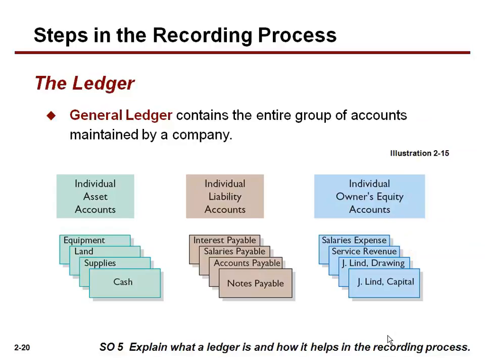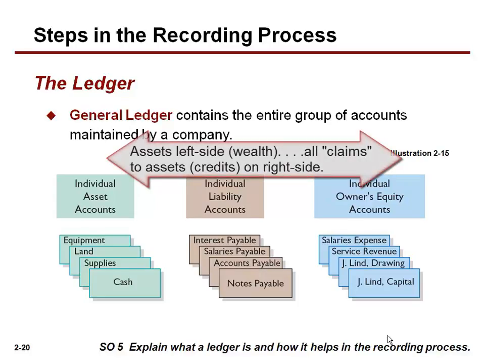Service revenue accounts increase with credits. Salary expense accounts, or any expense account, increase with debit, which has the effect of reducing owner's equity accounts. The owner's net worth is increased with credits. That overall credit balance we would like to see in the owner's equity account means there's a positive claim on assets on the other side of the equation.